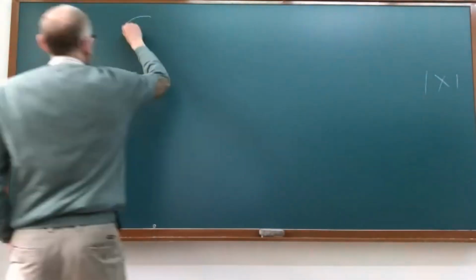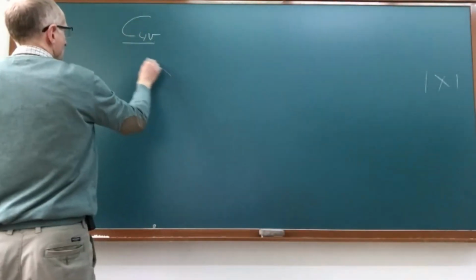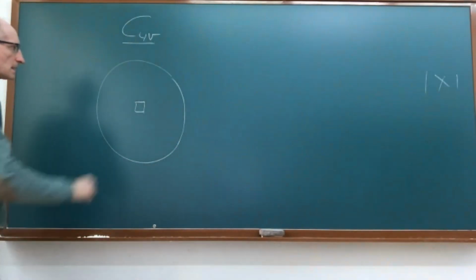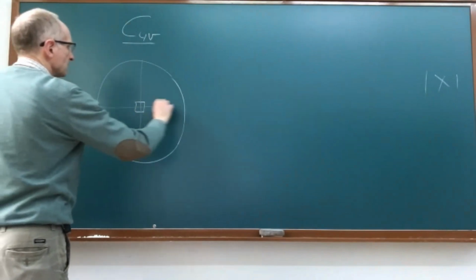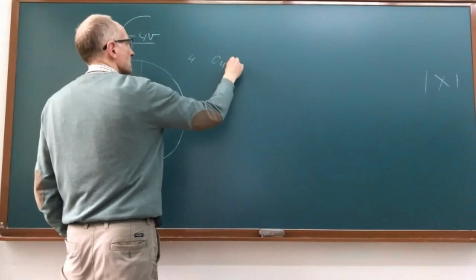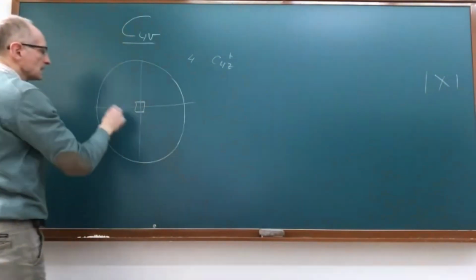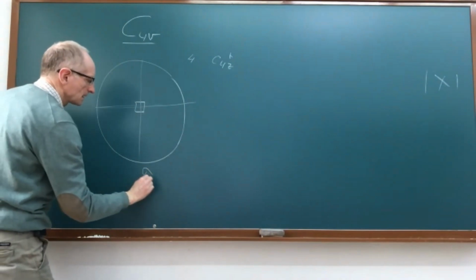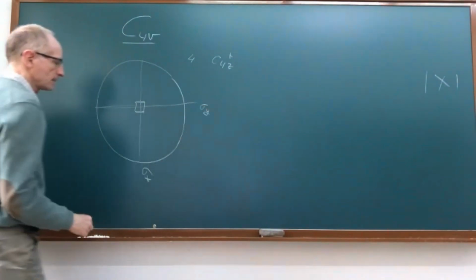For instance, for C4v, the idea is this. Remember, C4v has the four-fold axis of C4, and then it has these planes, let's say sigma x and sigma y.